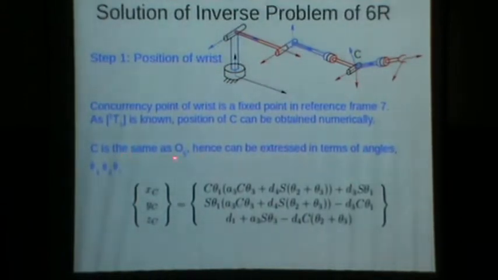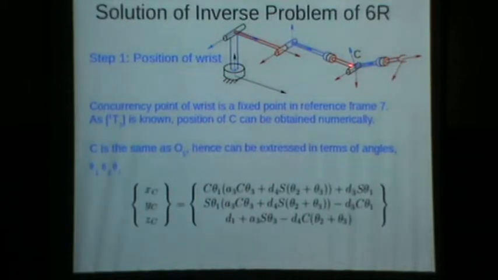Okay, and then this particular point, its position in the base coordinate frame, can be obtained purely as a function of this joint angle, this joint angle, and this joint angle.